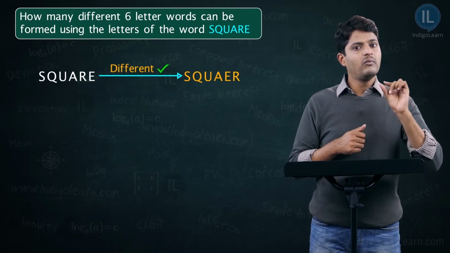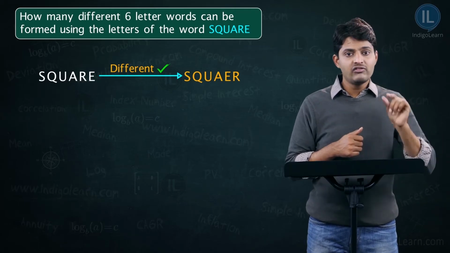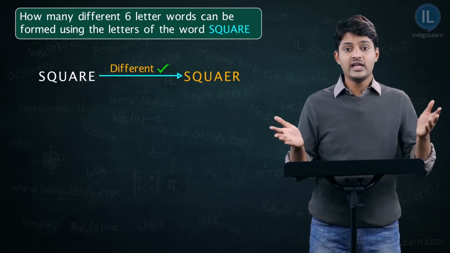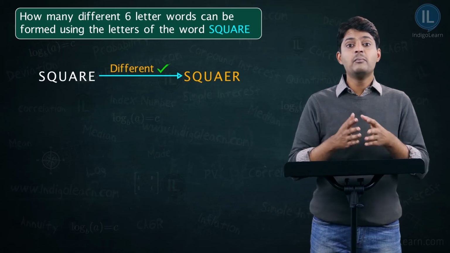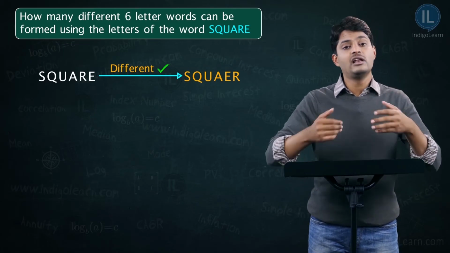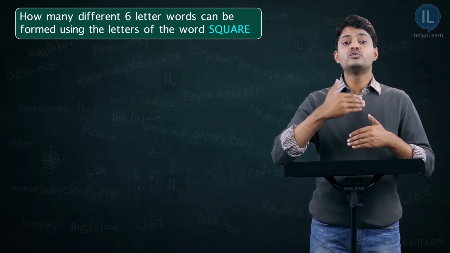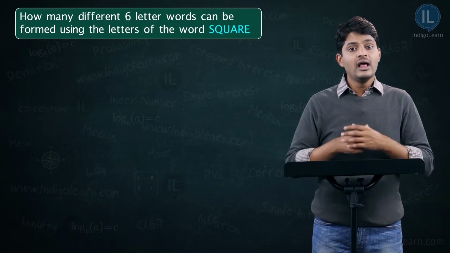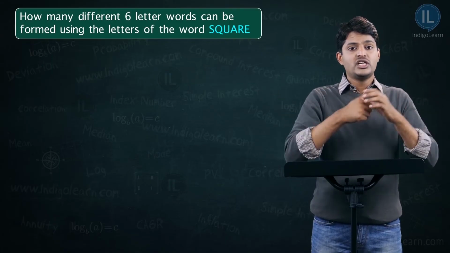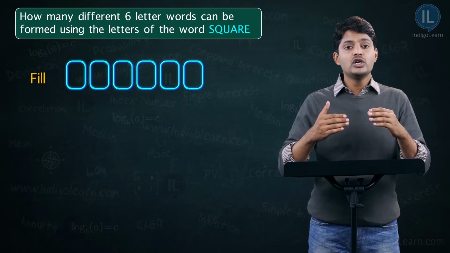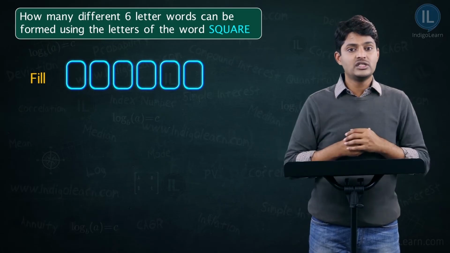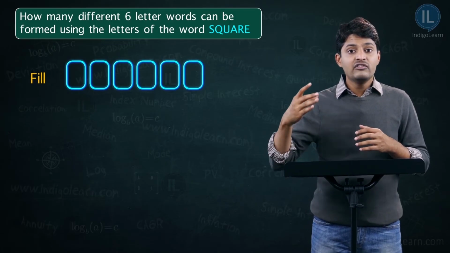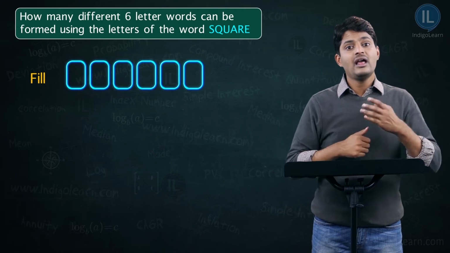Because the place where you put the alphabet changes the meaning if it exists, or it will completely change the word itself, correct? Or in other words, what I am trying to ask you is, I have 6 different positions and I want you to fill those 6 different positions with 6 different alphabets, which is SQUARE.